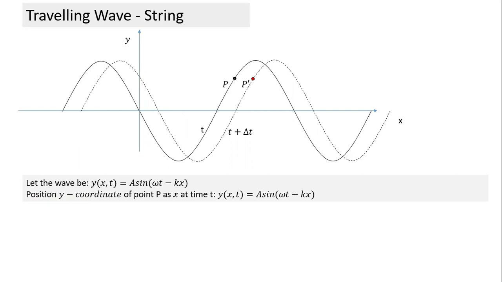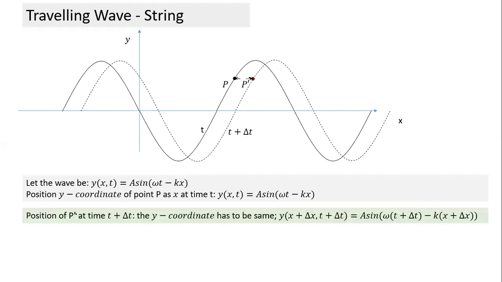Point P is at a particular displacement, a particular position on the y coordinate. To our senses, it will feel as if the point P has moved to P dash. What are P and P dash? Both have the same y coordinate. So what is the distance P dash has moved? Can we find out? Let's try and understand here. The position of P dash is at time t plus delta t. So this is the graph at time t, and this is the wave shape at time t.